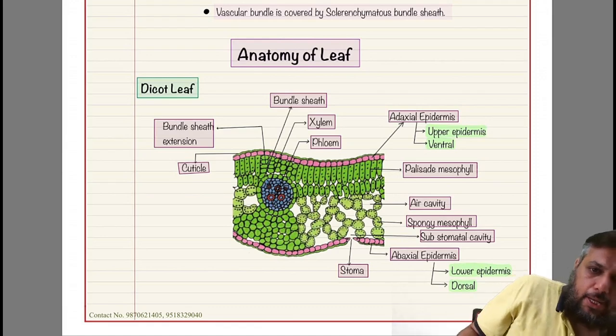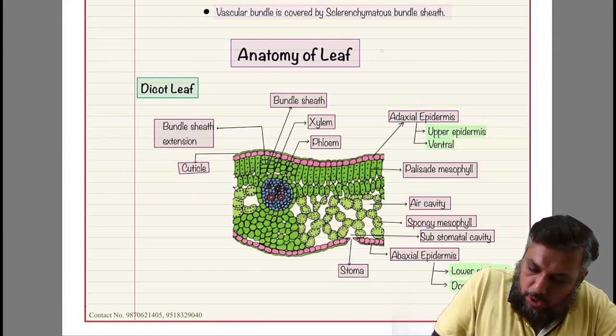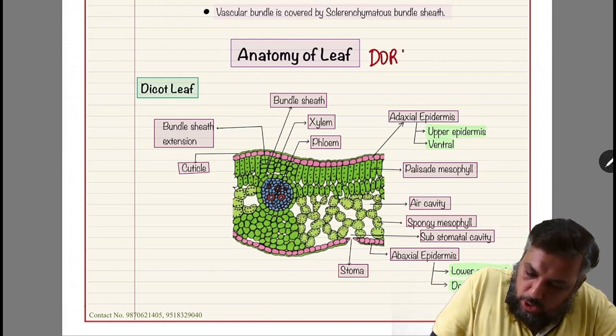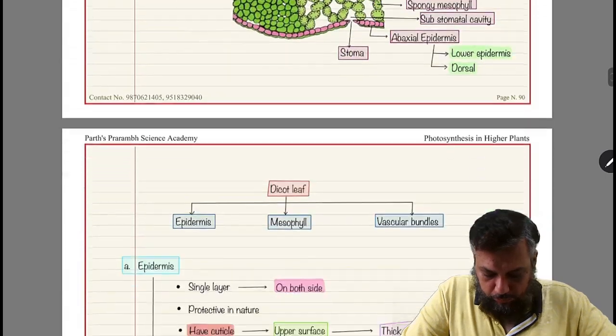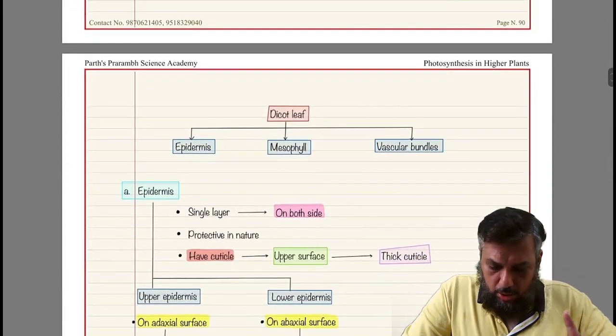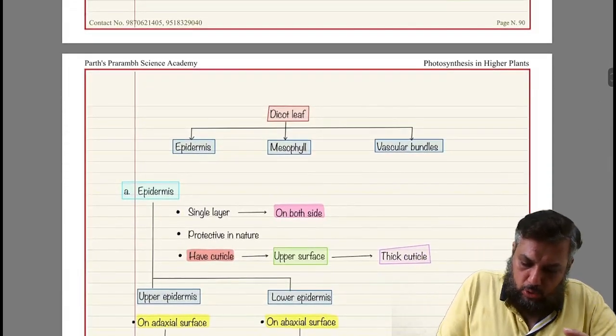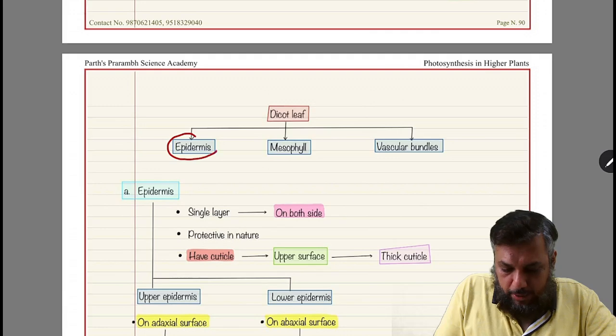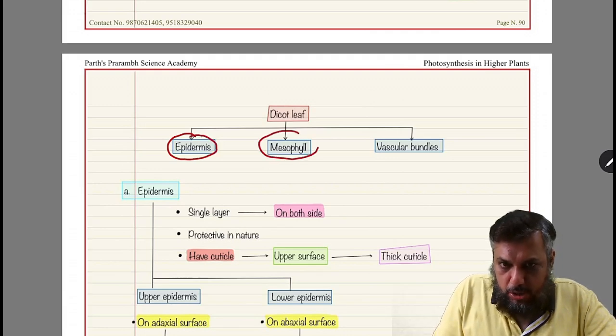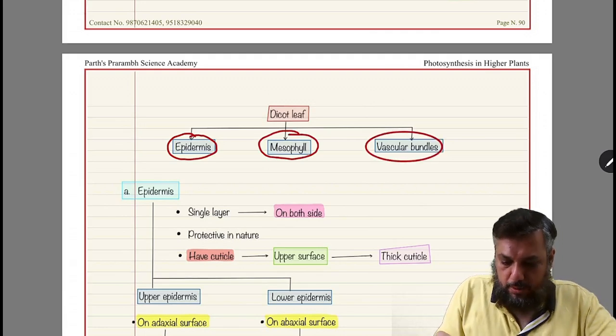तो हम पहले देखते हैं एक डाइकॉट लीफ. और ये जो डाइकॉट लीफ होता है, it is going to be a dorsiventral leaf. ये लीफ देख के आप पहचान जाओगे कि कौन सा सरफेस डॉर्सल है और कौन सा वेंट्रल है. तो in a dicot leaf you can differentiate it into three layers: the upper epidermis, lower epidermis, दो epidermis के बीच में mesophyll tissue, and the vascular bundles.